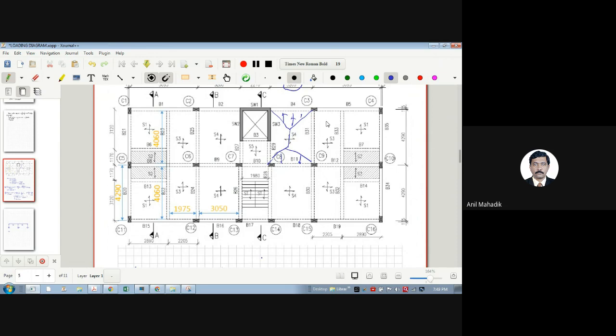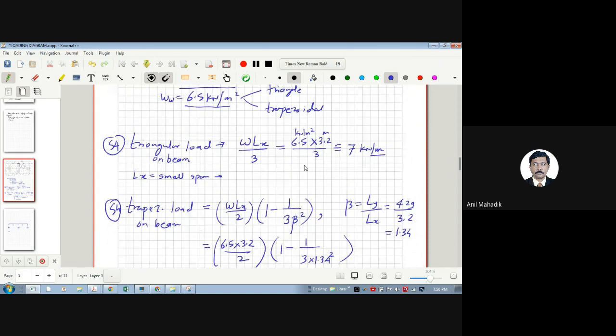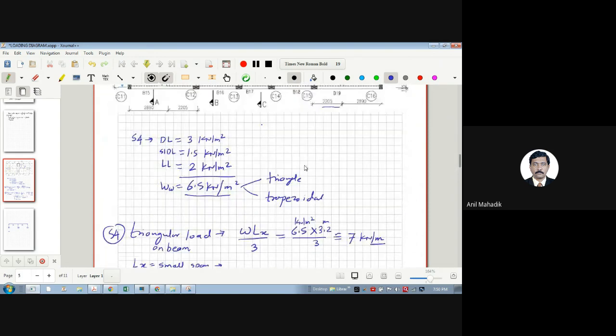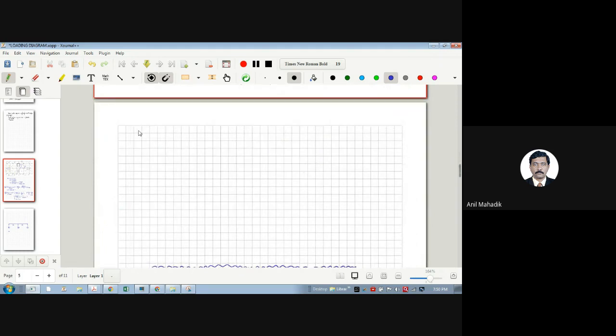So let's write down that S3. तो S3 में ये मेरा ये half load जाने वाला है. I'm assuming S3 as a one-way slab, as I already told you. Now what is this distance? 2.205. So half load means S3 का half load.